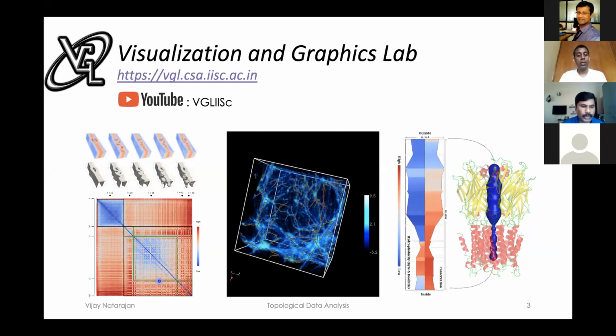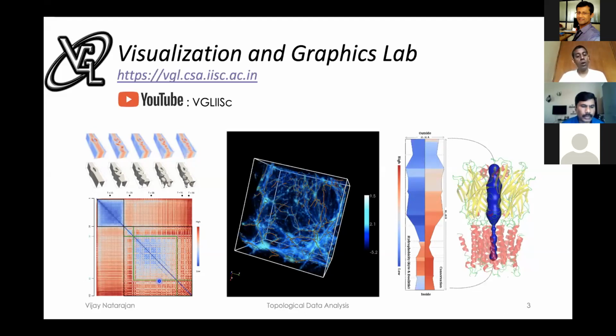Underlying all this, what truly drives us is the development of algorithms, the development of visualization techniques, particularly techniques that are driven by geometry. So we essentially develop these algorithms and techniques and apply them towards visualizing and analyzing data from these varied disciplines. As you can see, this is a highly interdisciplinary field.